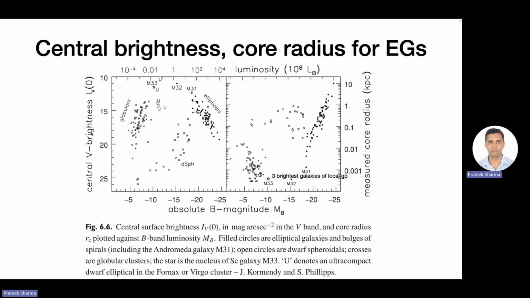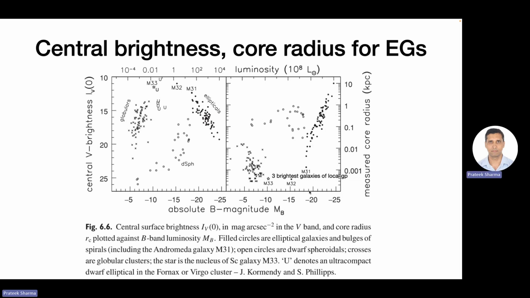Okay, so this is central brightness versus luminosity. This is the size of the core, right? The central portion, how big is it on the y-axis, and the luminosity on the right. So of course the x-axis remains the same in these two. So these guys were on the rightmost part, so they will still remain on the rightmost part of the figure. Their core sizes are actually big.